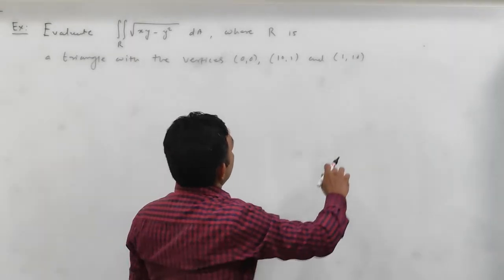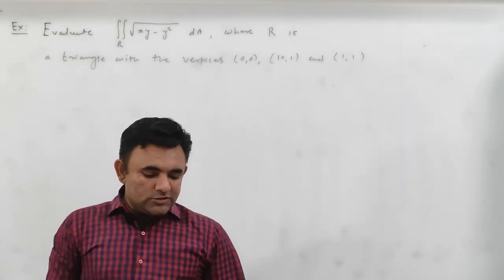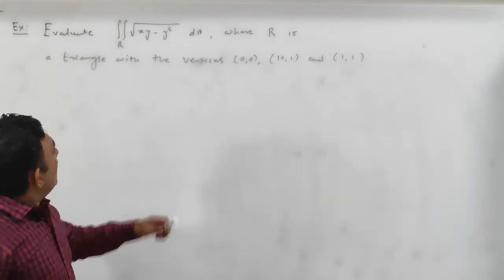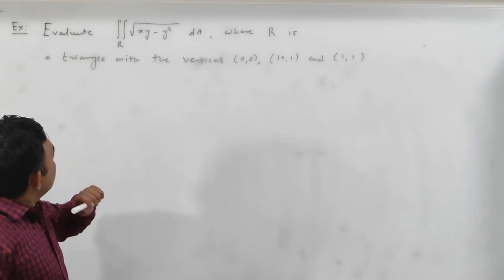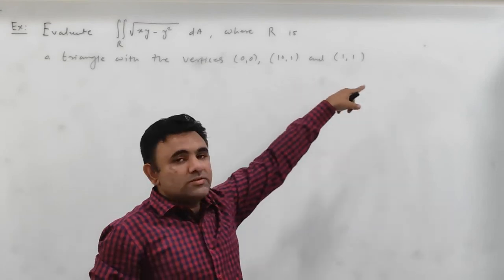Sorry, 10 comma 1 and 1 comma 1. So these are the vertices of the triangle, and R is the region, a triangle whose vertices are these.